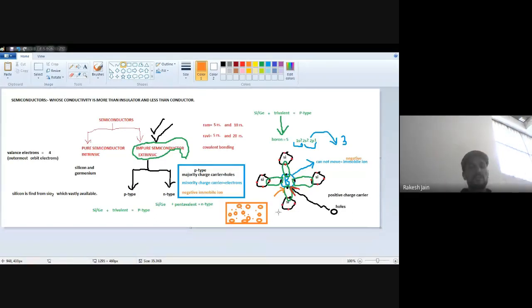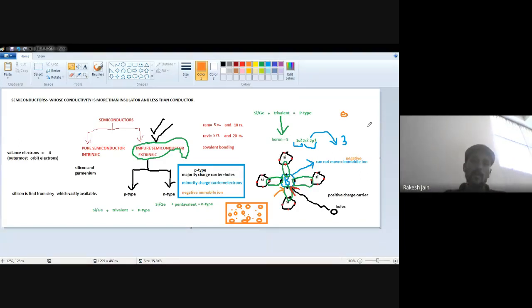And which is the third thing? The third thing is the negative immobile ion. How do you show the negative immobile ion? Now see very carefully. A negative sign encircled by a circle. The circle shows that it cannot move, and negative means a negative charge without moving, an immobile ion.